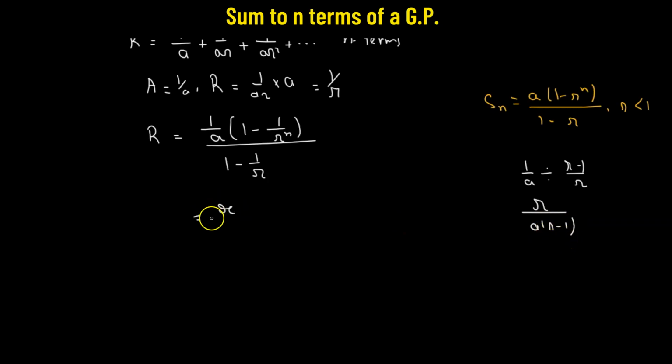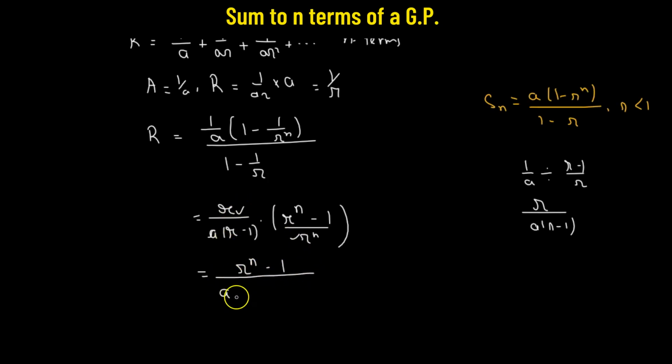So we have r divided by a times (r minus 1) times (r raised to the power of n minus 1) all divided by r raised to the power of n, which equals r raised to the power of n minus 1 divided by a times r raised to the power of n minus 1 multiplied by (r minus 1), combining this r and this r. So this is the value of our R. This is equation number 3.